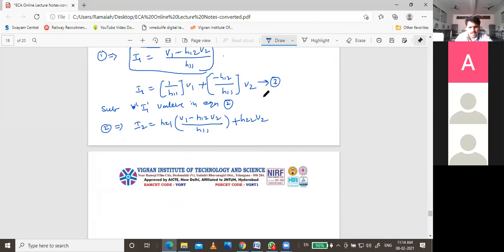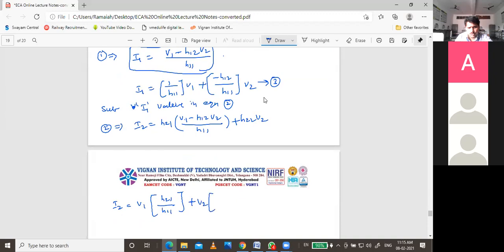From this you can easily write I2 equal to: take V1 common first, H21 by H11 is the V1 coefficient. Next, plus, let us take V2 common.